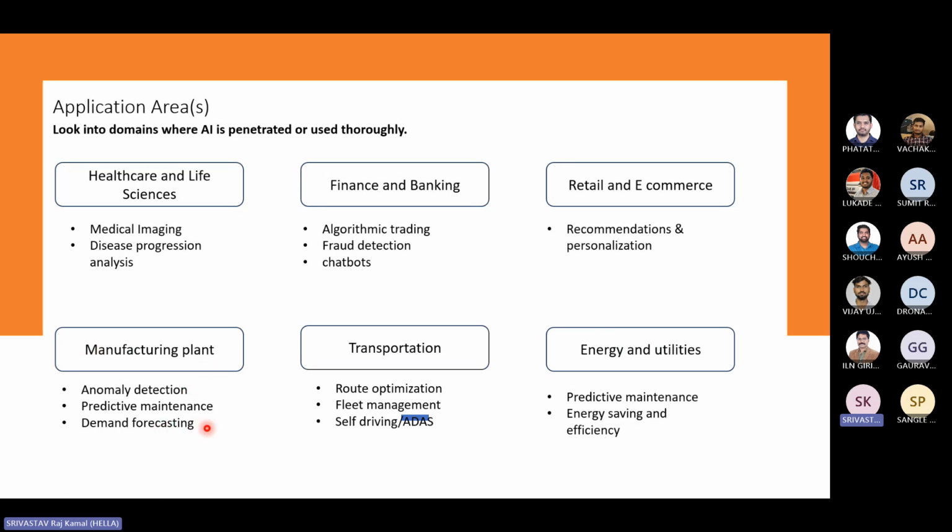Demand forecasting is another aspect, again in terms of supply and demand. In manufacturing plants, they are supplying for a massive demand, so they have to be ready. They generally keep their supply ready for the next 1 year, 2 years.